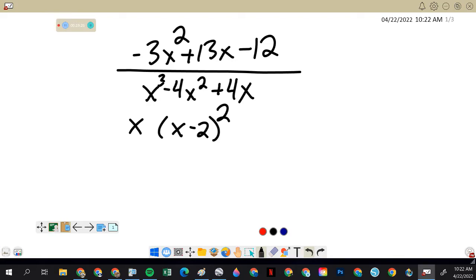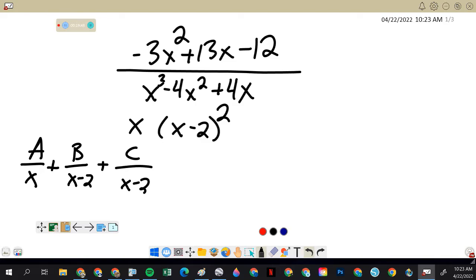So what will my partial fractions be? A over x and B over x minus 2 and C over x minus 2 squared. Okay?